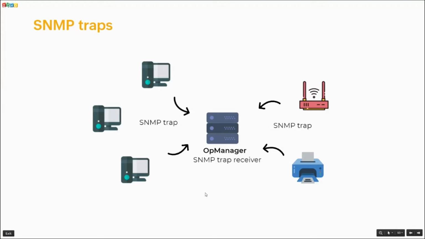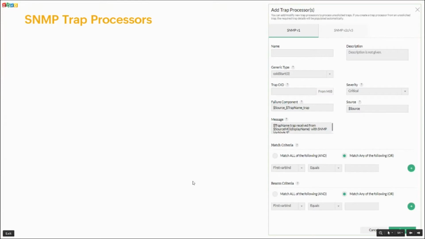So here within the product, as we receive many traps from many devices based on your configuration, we have something called a trap processor. A trap processor is nothing but it processes the incoming trap, checks if you have configured the threshold or the desired criteria, and then raises an alarm.